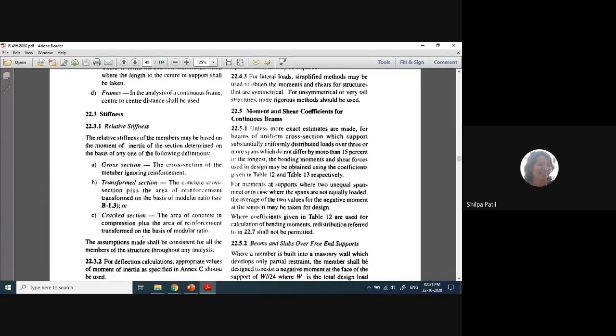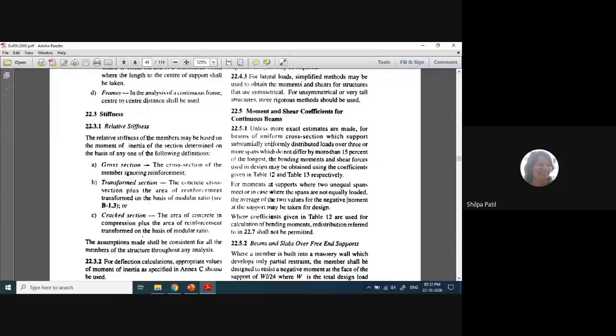Is the code visible to you? Yes, ma'am. Okay, so what is written here? Let me read first. Unless more exact estimates are made, for beams of uniform cross section which support substantially uniformly distributed loads over three or more spans which do not differ by more than 15% of the longest, the bending moments and shear forces used in design may be obtained using the coefficients given in table 12 and table 13 respectively.